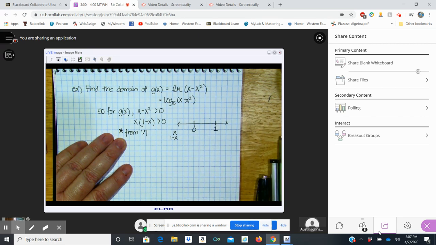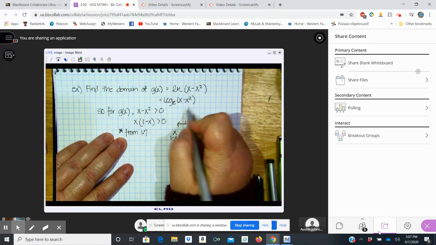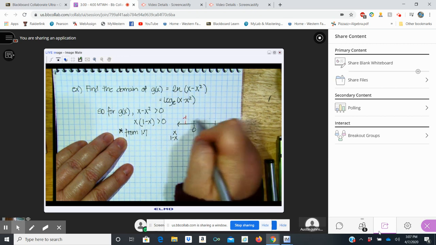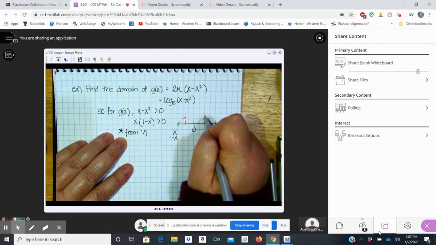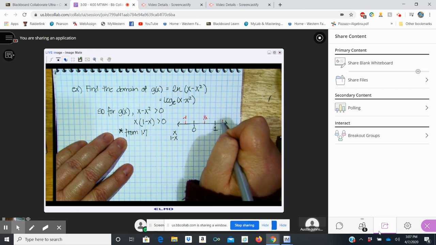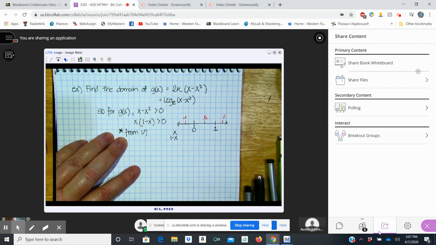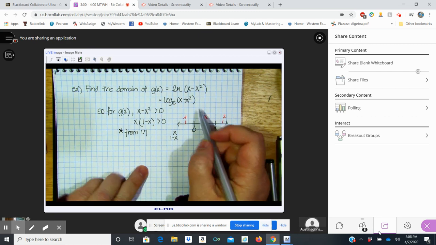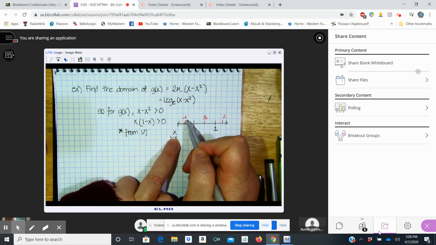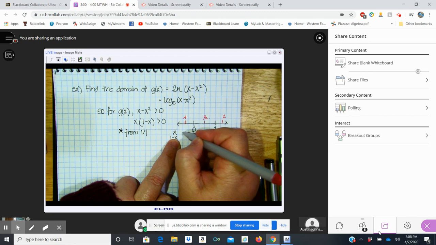and that splits my number line into 3 sections. I'm going to try a number in each section, say a -1, maybe a 1/2, and over here like a 2. If I let x be a -1, that's going to be negative.